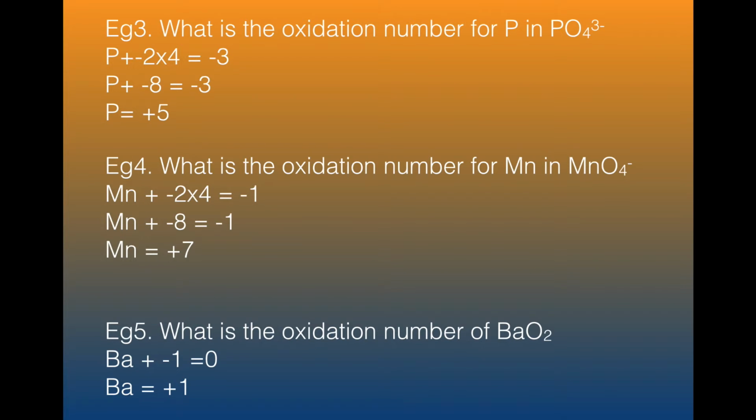And the fifth one, what is the oxidation number we're looking for, Ba in BaO2. BaO2 is actually barium peroxide, so you put a -1 instead of -2 for oxygen, and in barium peroxide, in this case, barium has a +2 oxidation number.